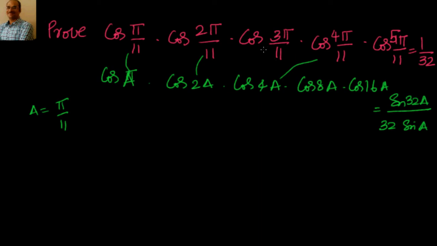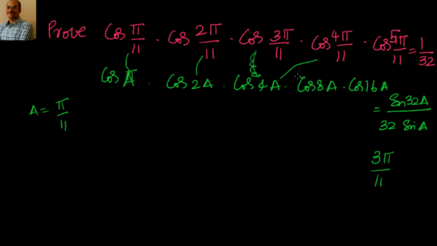But I have 3 pi by 11, I have to make it 8, and I have 5 pi by 11, I have to make it 16. So I have cos a, cos 2a, then I have cos 4a.